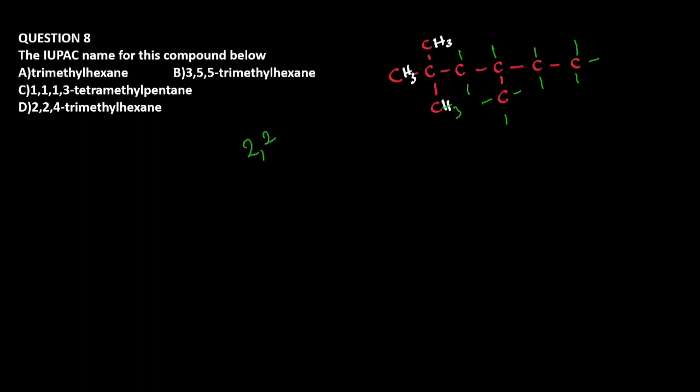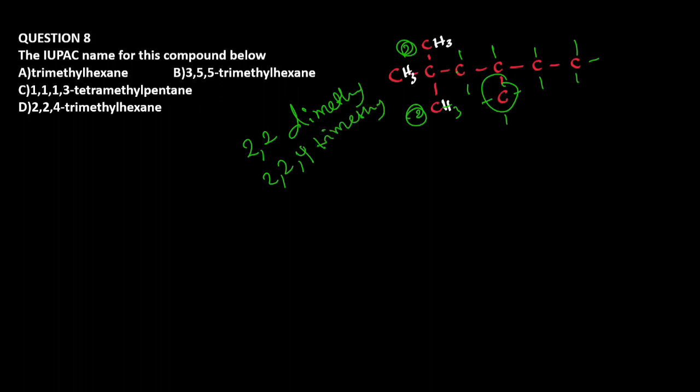So we will now have something like 2,2-dimethyl. Let's start from there first, because this is 2,2. So 2,2-dimethyl. Is that all? No. This is another one. We have 4. So 2,2,4-trimethyl.